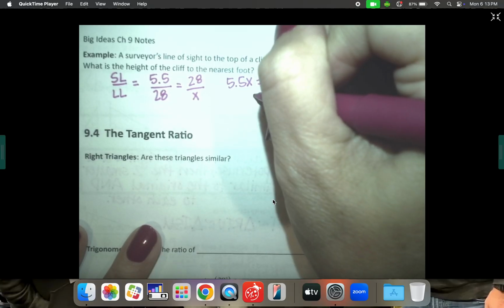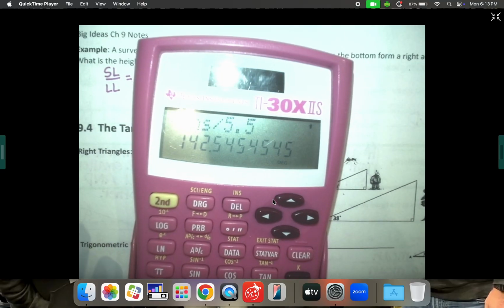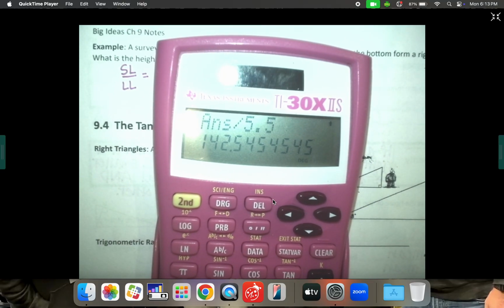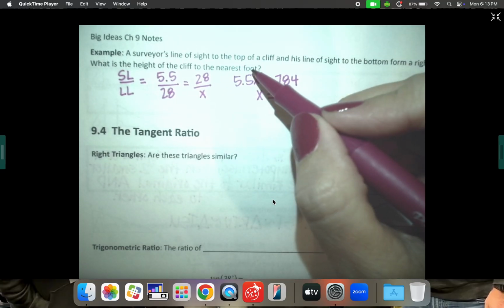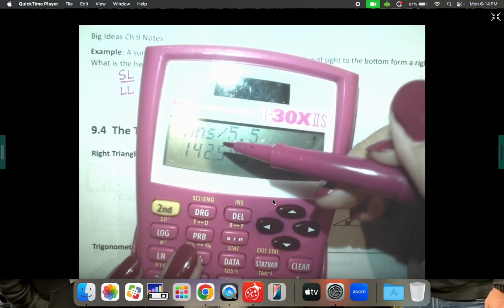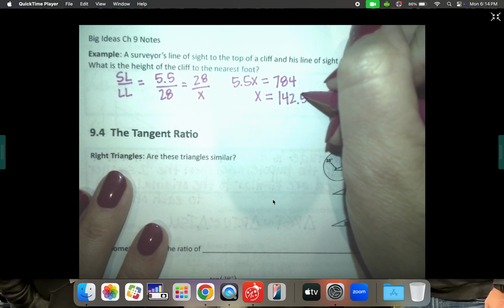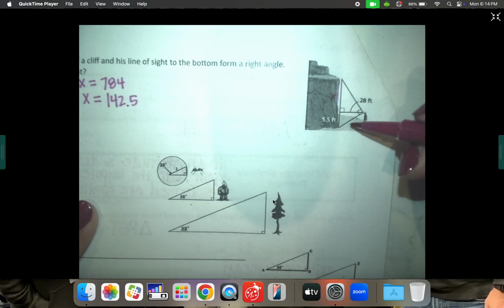784 divided by 5.5 comes out to be about 142.5. It does say something about rounding to the nearest whole foot, but let's not round yet. Let's keep it about 142.5 for now, because we'll round it to the nearest whole foot after we add it to the part that we know.